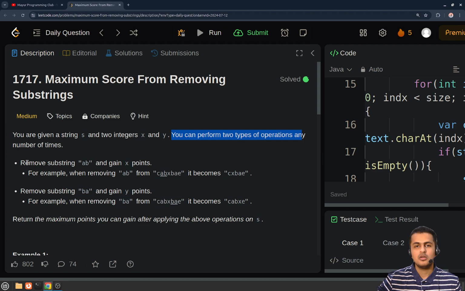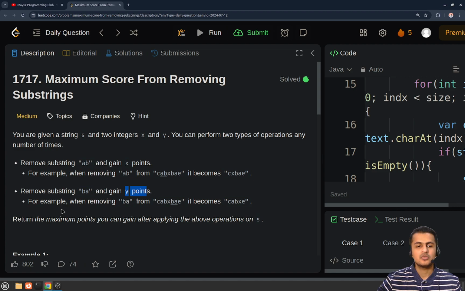In the first operation, you can remove the substring "ab" from the given string s, and removing each substring "ab" will grant you x points. The second operation is that you can remove the substring "ba" from the given string s, and each removal of "ba" will grant you y points.